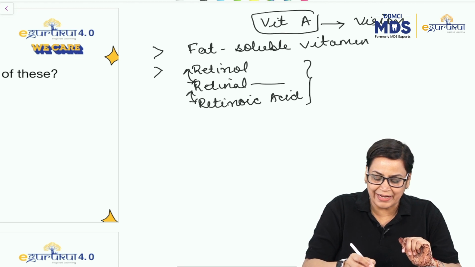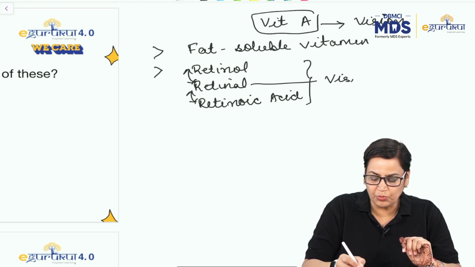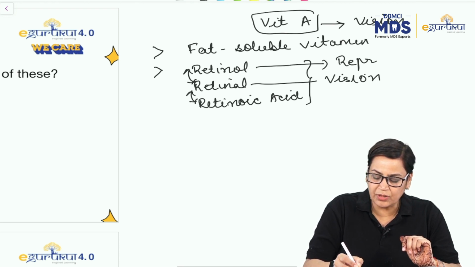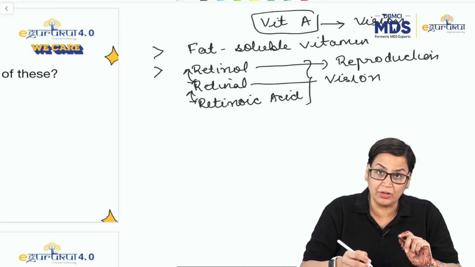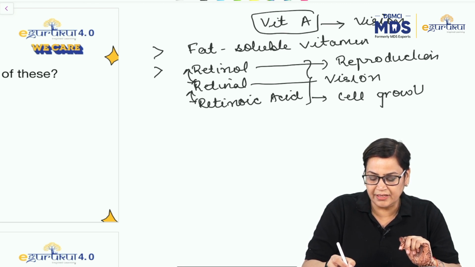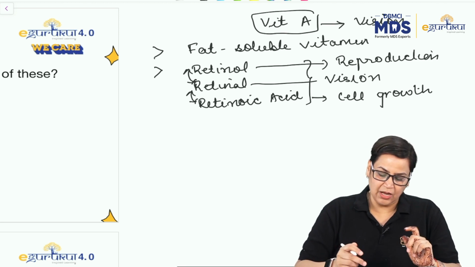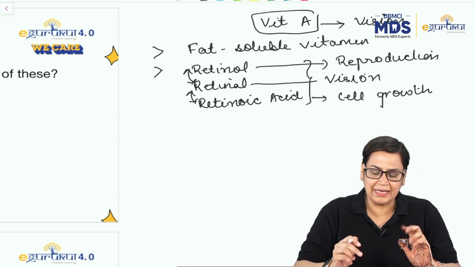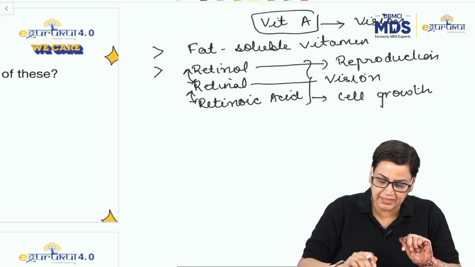If we talk about retinal, it has a role to play in vision. If we talk about retinol, it has a role to play in reproduction. And if we talk about retinoic acid, it plays a role in cell growth and differentiation.